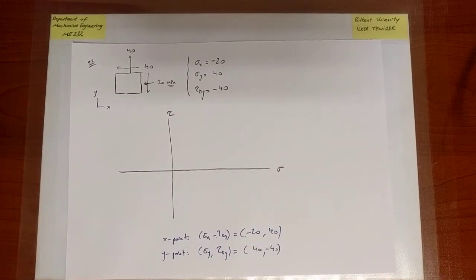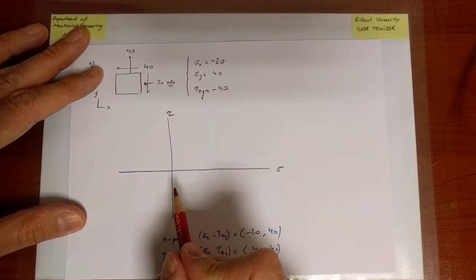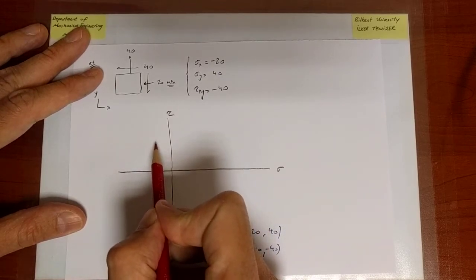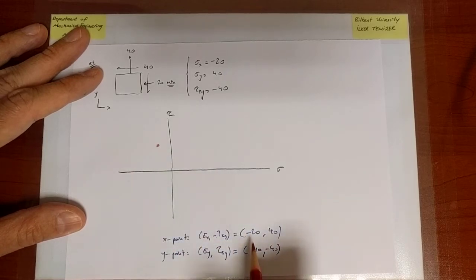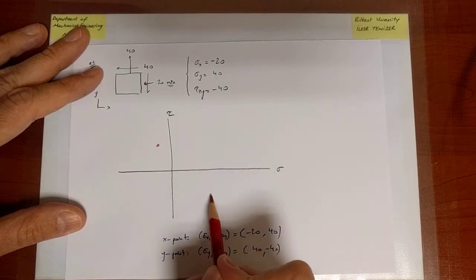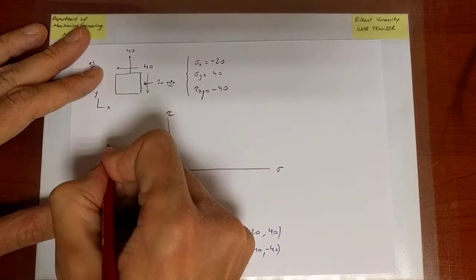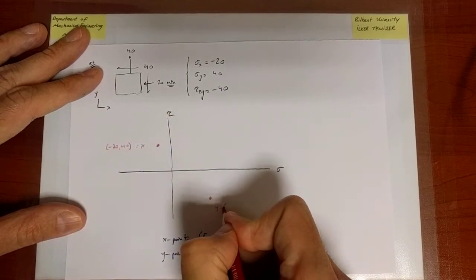So now we go ahead and put those on our map. The first point is the x point, so it's minus 20, 40. Let's put that point over here. And the second point is plus 40, minus 40, so maybe over here. And so that's the x point, and that's the y point.